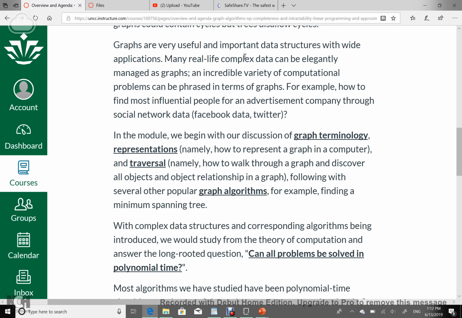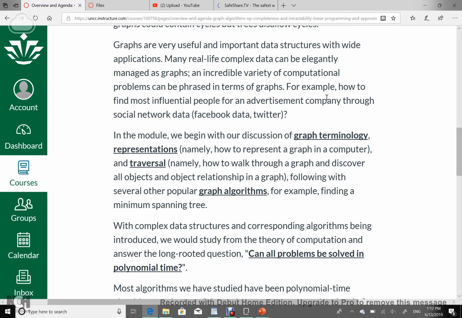Graphs are very useful and important data structures with wide applications. Many real-life complex data can be elegantly managed as graphs, for example, social networks. An incredible variety of computational problems can be phrased in terms of graphs.